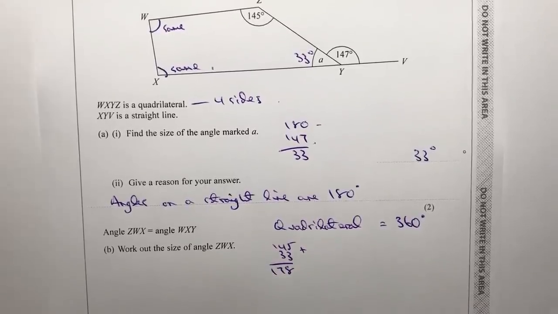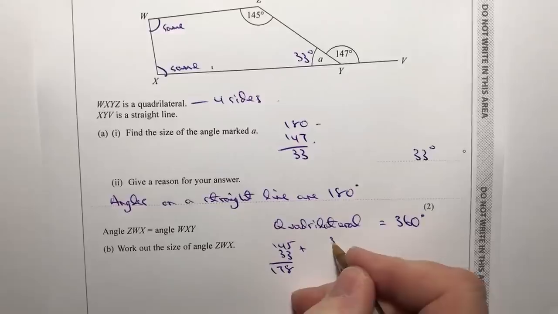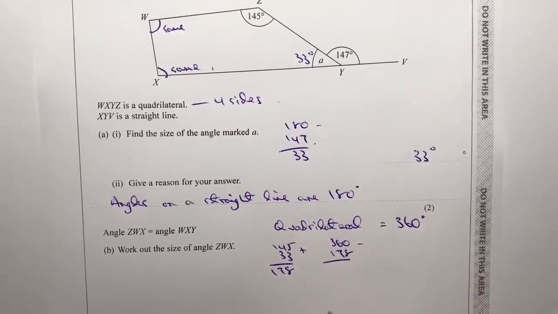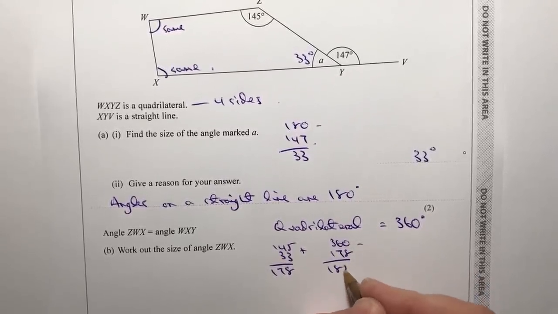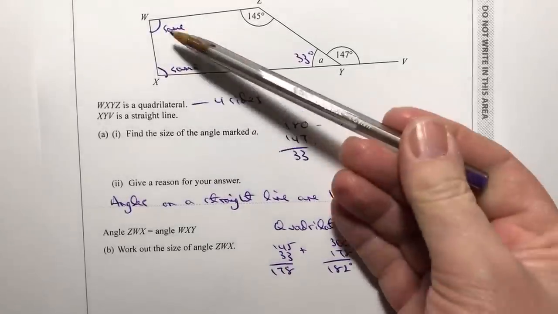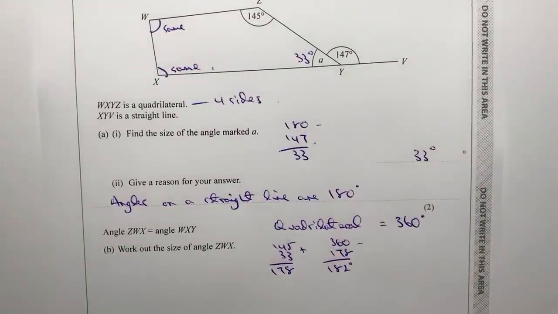Then I'm going to take that 178 away from 360. So 360 take away 178 is going to give me 182 degrees. So in other words, this 182 degrees is shared between this angle and this angle.